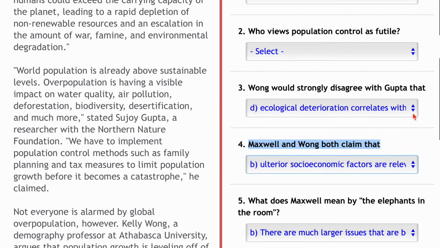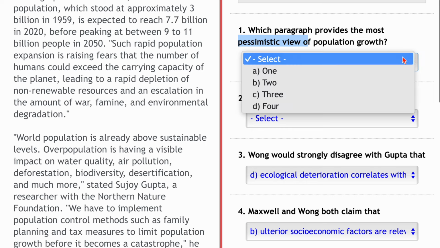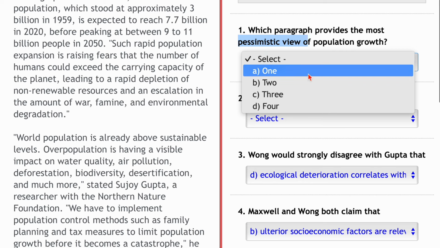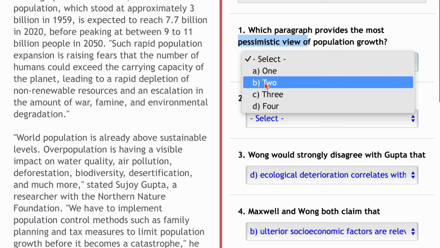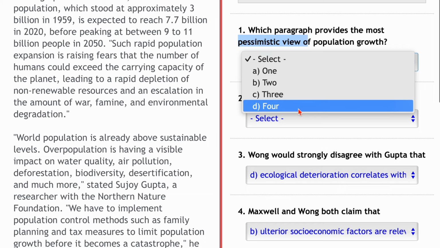Very interesting. And we still have number 1 and number 2. So, which paragraph provides the most pessimistic or negative view of population growth? So, basically, which researcher or which expert? 1, we had Farsi. 2, we had Gupta. 3, we had Wong and Maxwell.